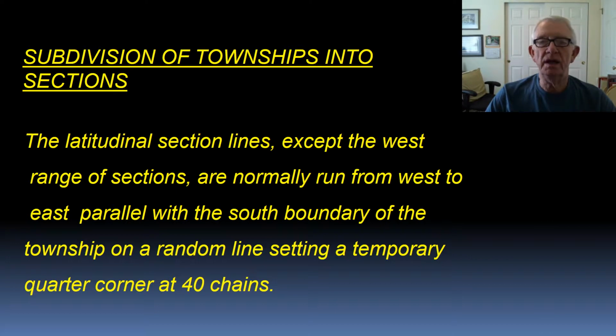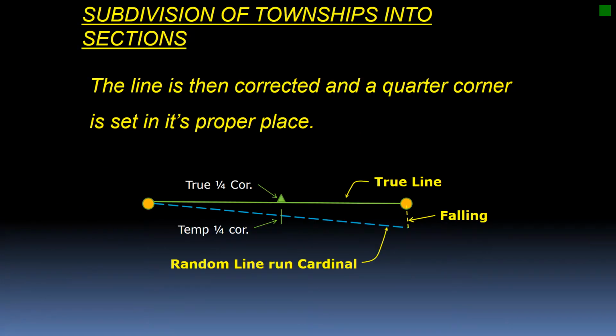They'll check the falling as they get to the line to the east. They'll make their corrections, and then they will correct the quarter corner to the proper line. This is a graphic of what I was just talking about. The line is corrected, and the quarter corner is set at the proper place.